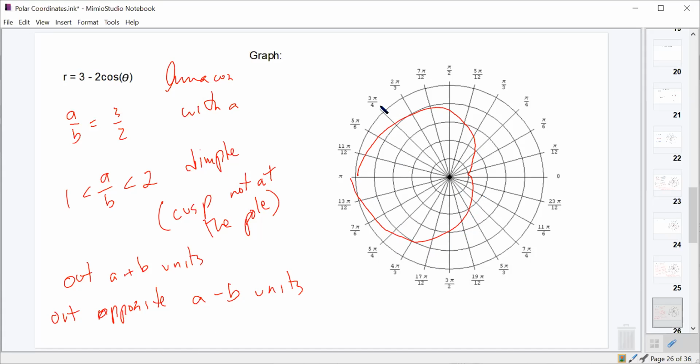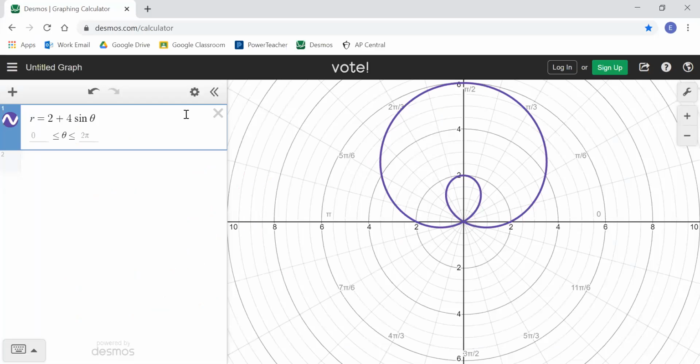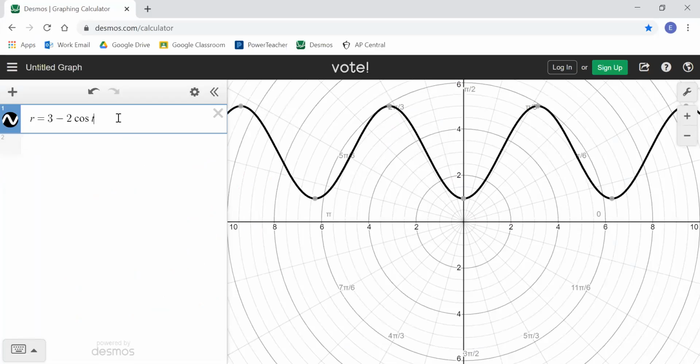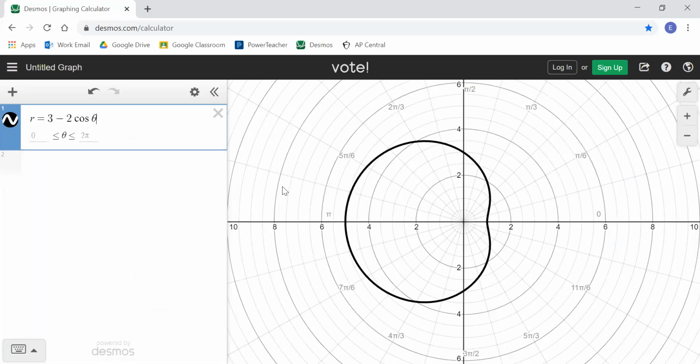And because of my atrocious ability to draw, what was it, 3 minus 2 cosine theta? So you can see it sort of has this little dimple that pops in here. So out 5 units and in 1 unit.